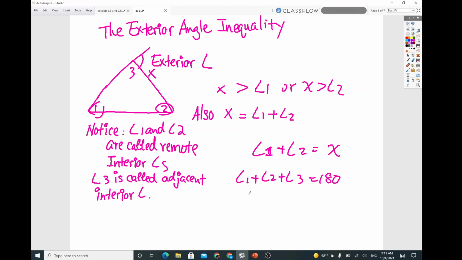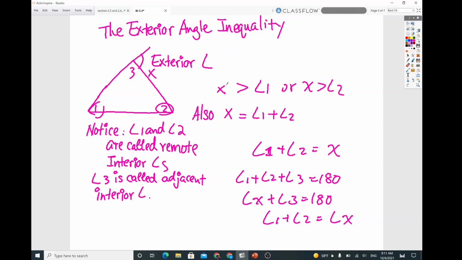And the exterior angle X plus angle 3 is also 180 degrees. By the transitive property of equality, angle 1 plus angle 2 is the same as angle X. So the exterior angle is always the sum of the two non-remote interior angles.